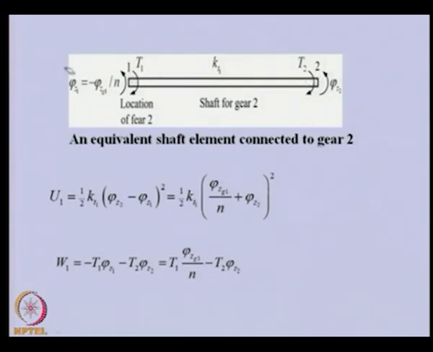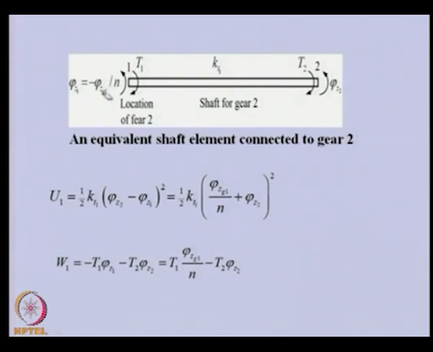Corresponding to this I am assuming phi z1 and phi z2 as the angular displacements, but this phi z1, which is at gear 2, is related to the angular displacement at gear 1 by the gear ratio and a negative sign, because of the sign convention we have chosen.